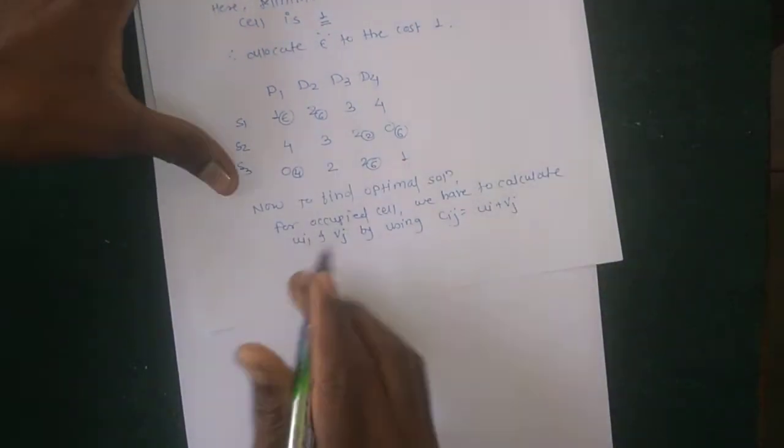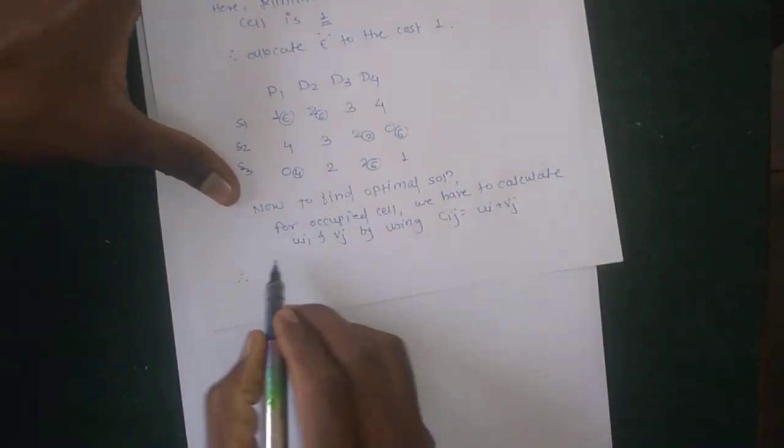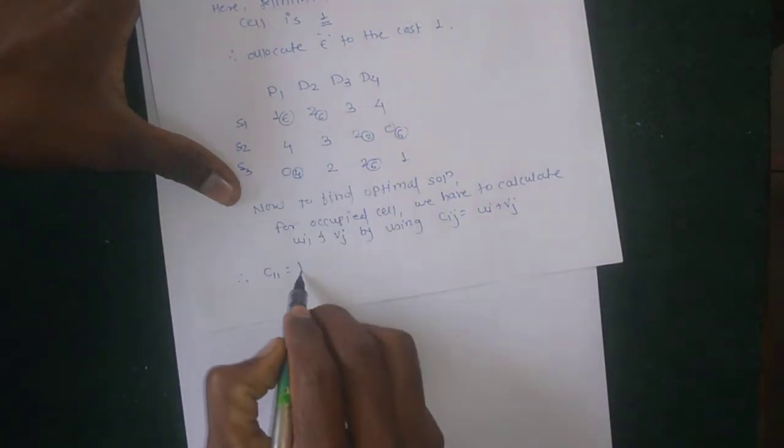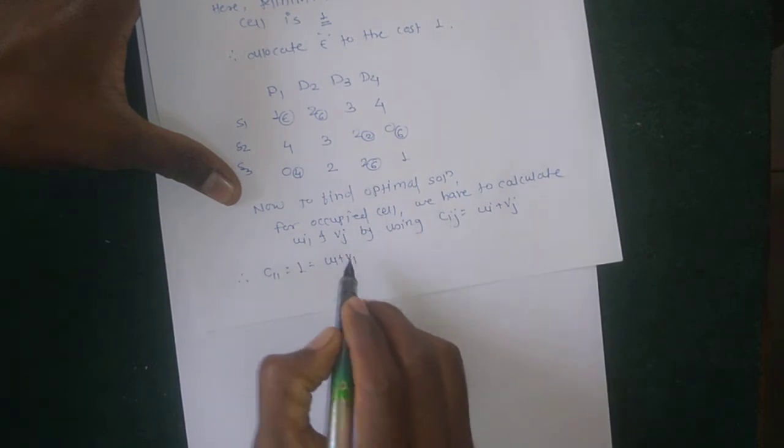Okay, the first occupied cell is C11, its value is 1, equal to u1 plus v1.